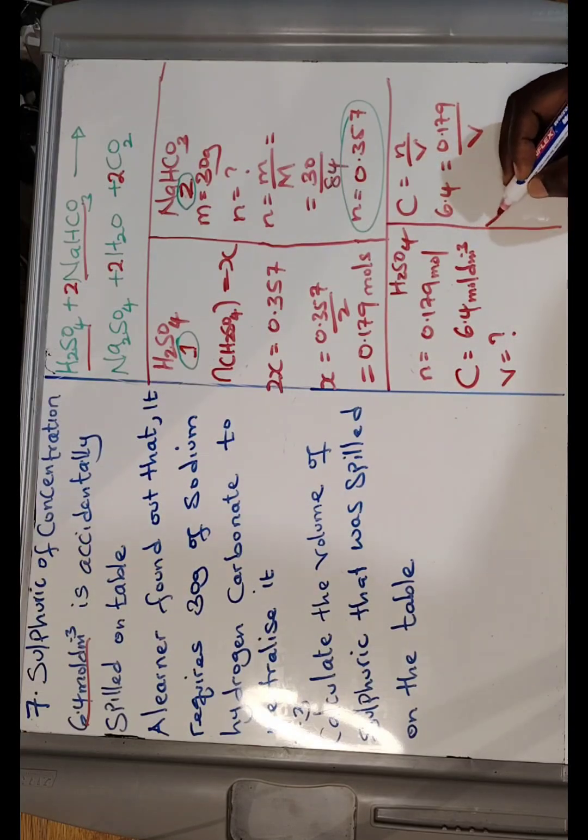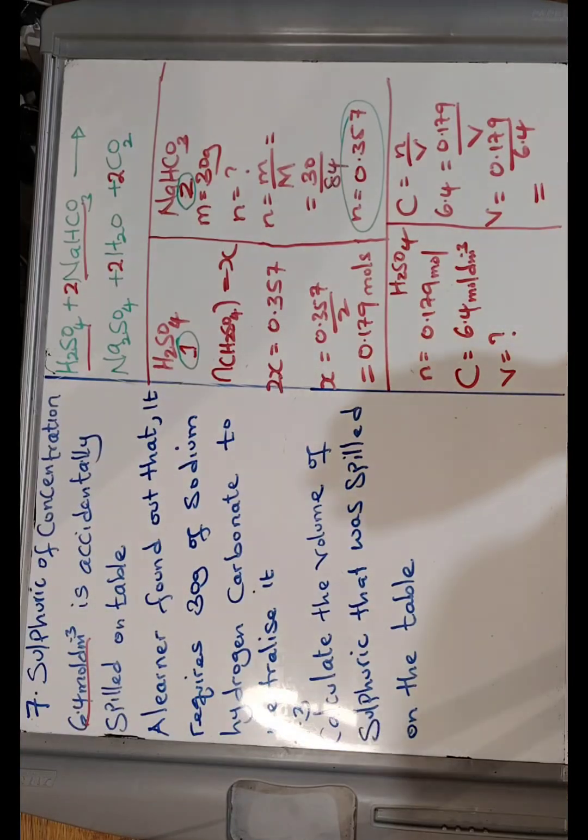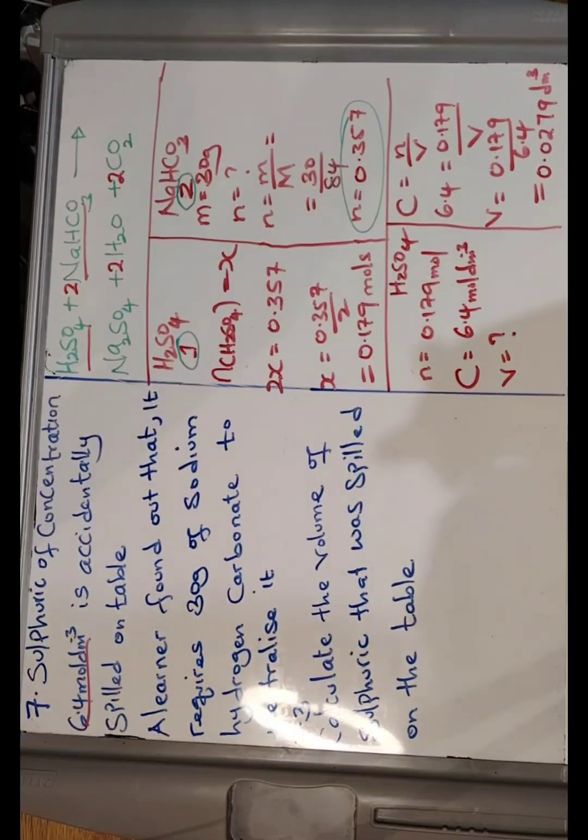So V, the volume wanted, is going to be 0.179 divided by 6.4, and the answer is going to be in cubic decimeters. This is the volume of concentrated sulfuric acid which was spilled on the table. Let's look at the next question.